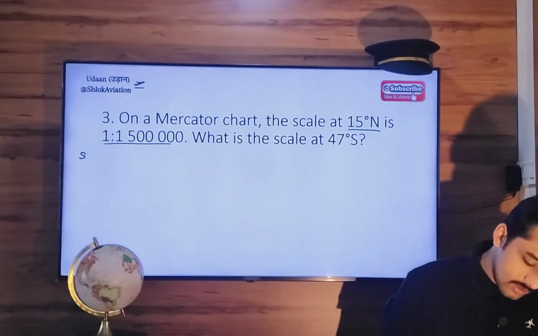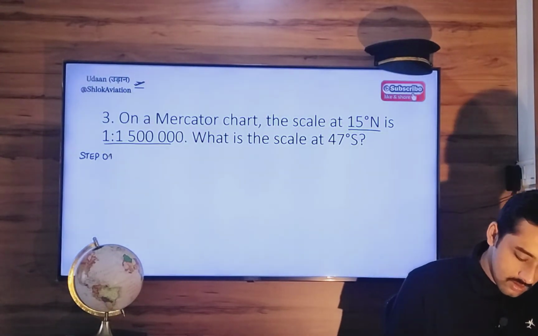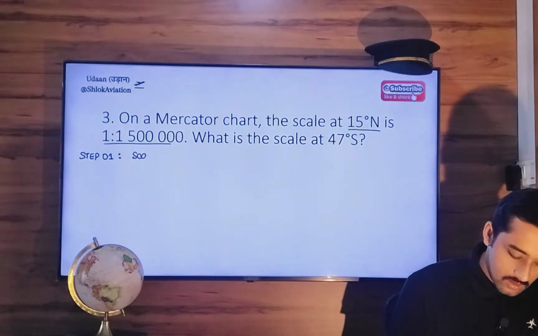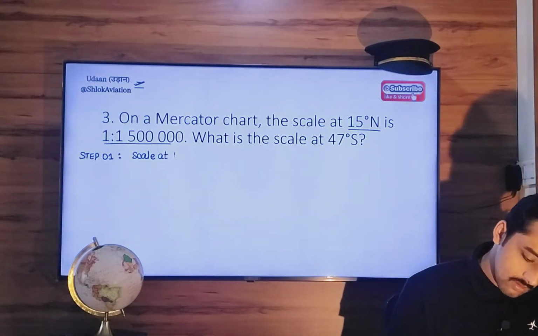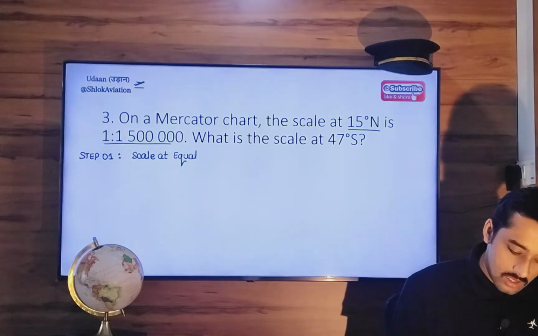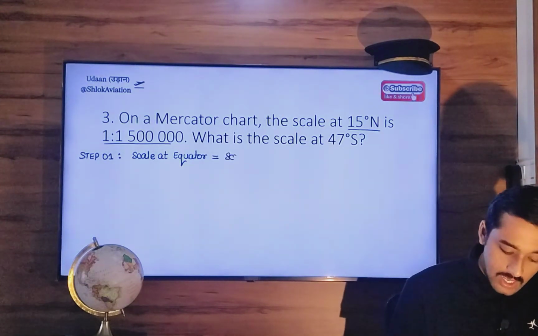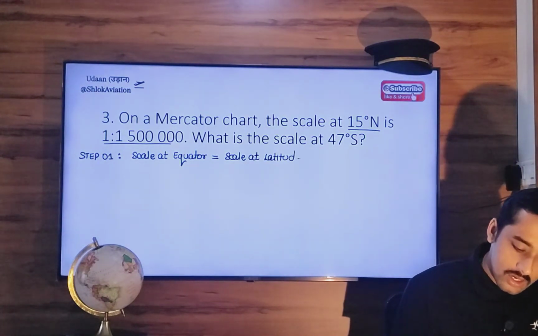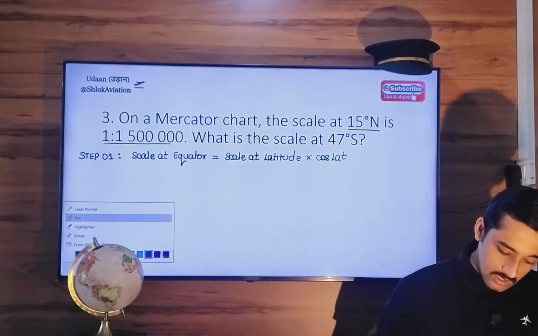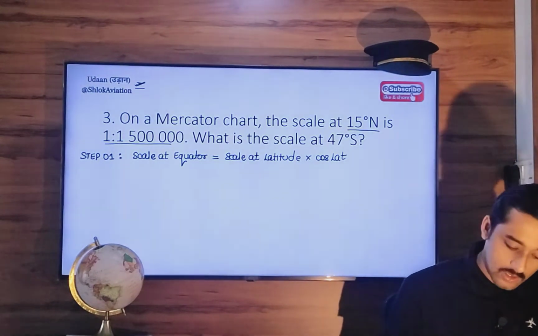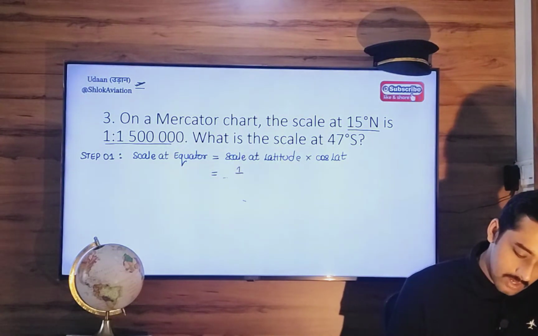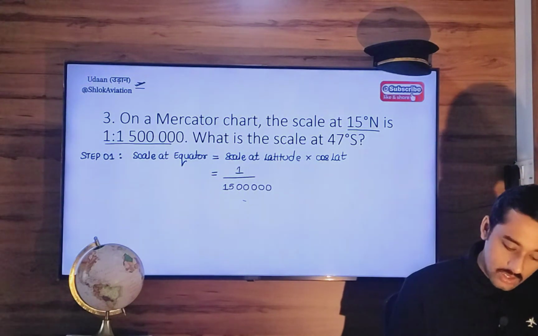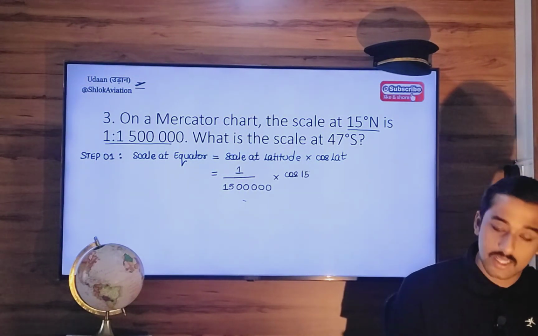So step 1, scale at equator equals to scale at particular latitude into cos of that latitude. Over here, the latitude given to us is 15 degree north. So scale at 15 degree north is 1 divided by 151212 into cos of that latitude, cos of 15.